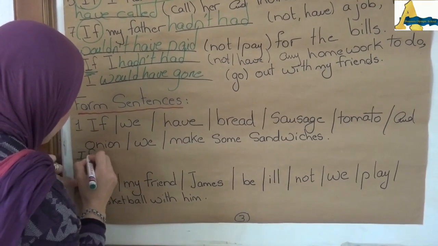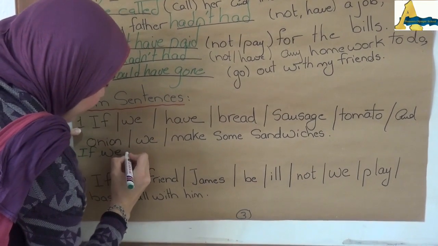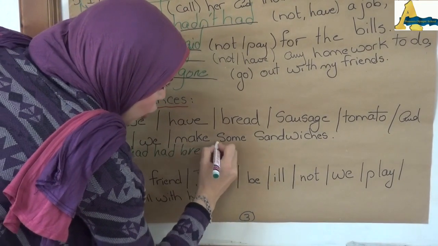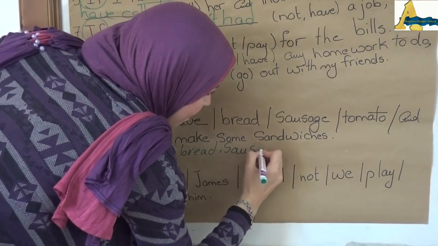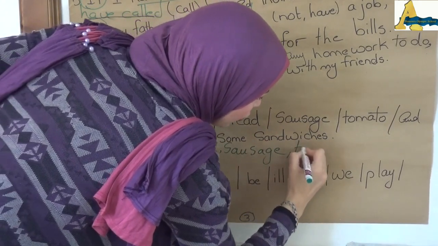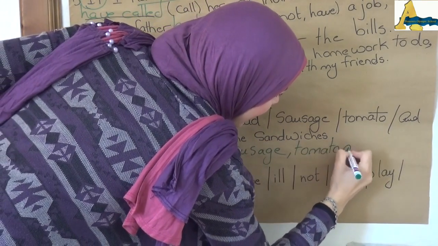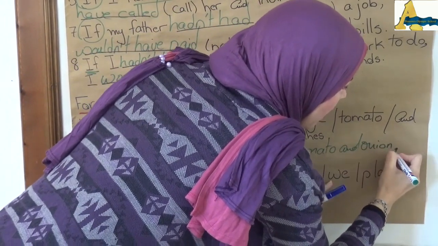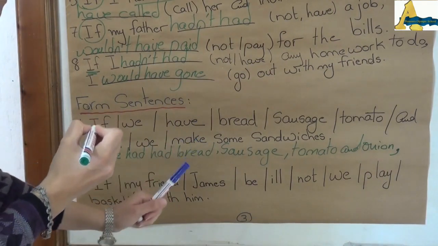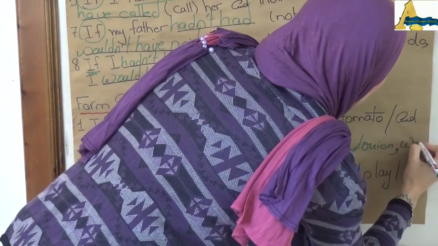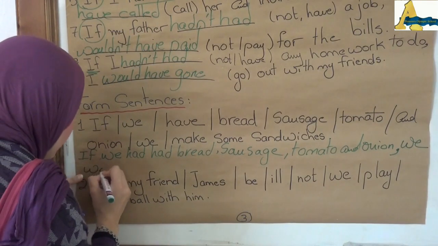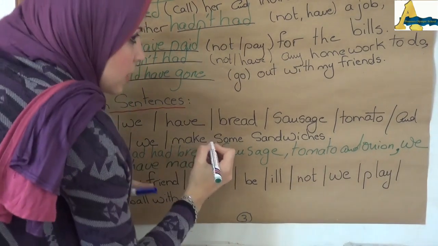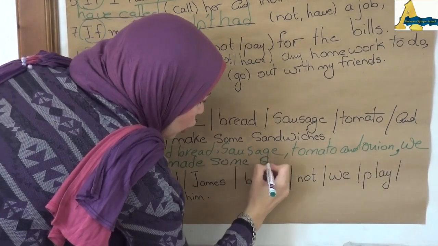If we had bread, sausage, tomato, and onion, comma, to separate between the if clause and the main clause, we would have made some sandwiches.